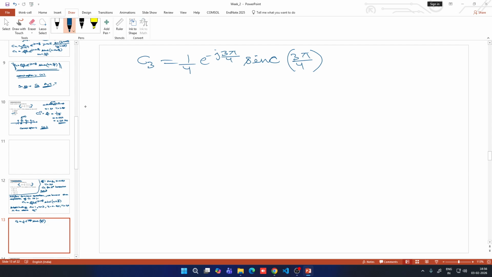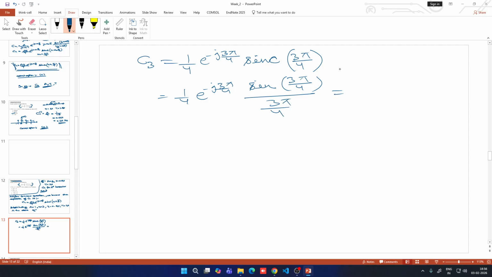So which will be 1 by 4 e to the power minus j 3 pi by 4, and we know sinc x we can write as sine x by x, means sine 3 pi by 4 divided by 3 pi by 4.